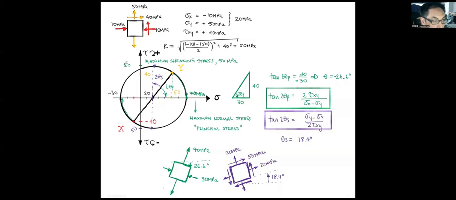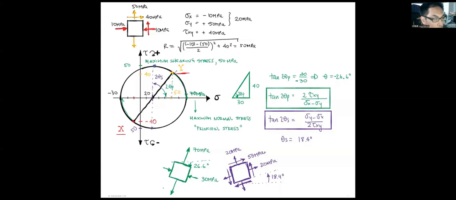From this circle, we can figure out where the maximum shear stress is and its value. Suppose we have the stress condition at y and x.